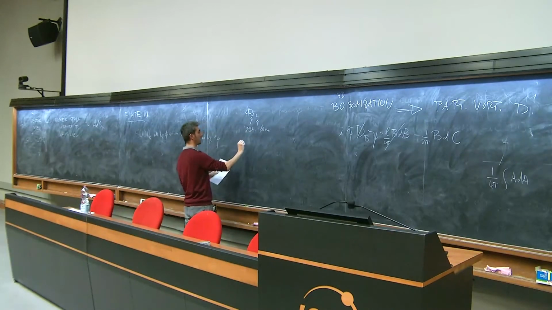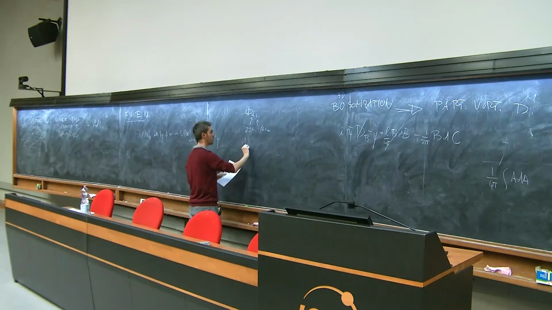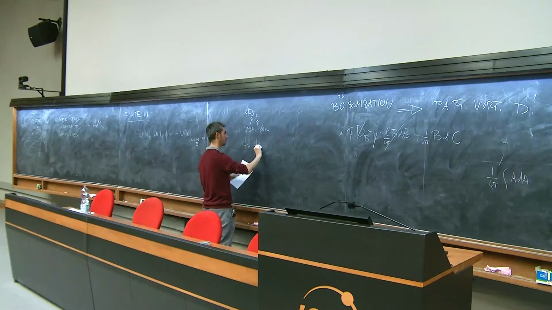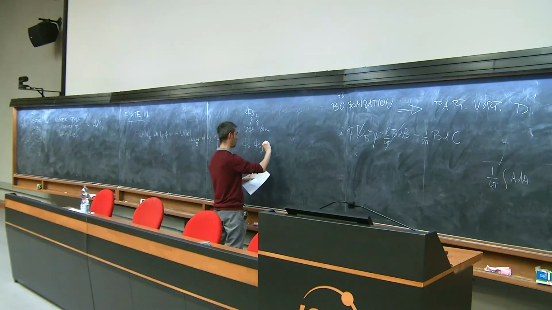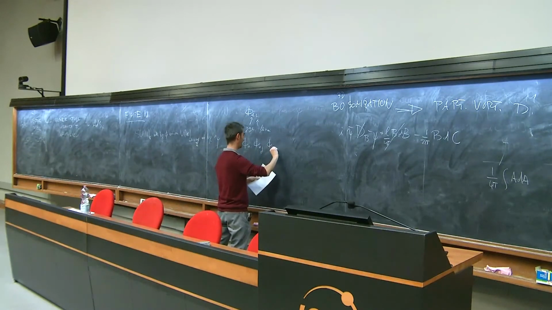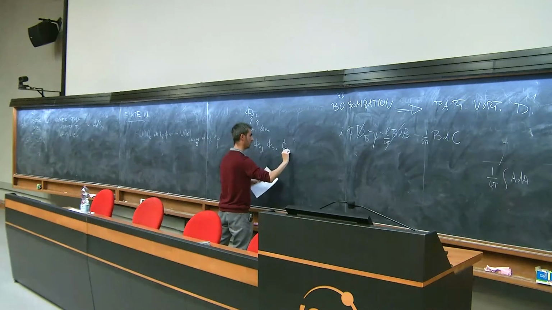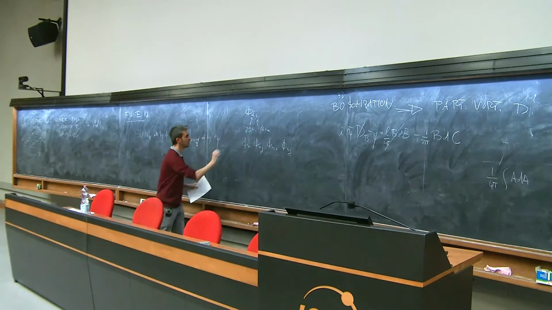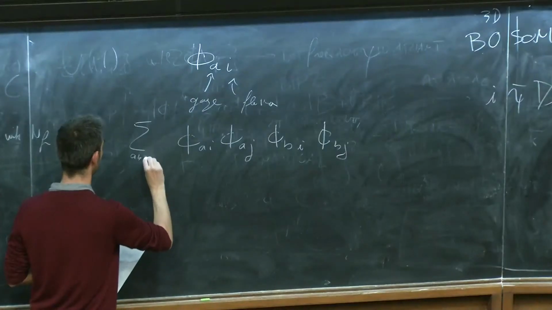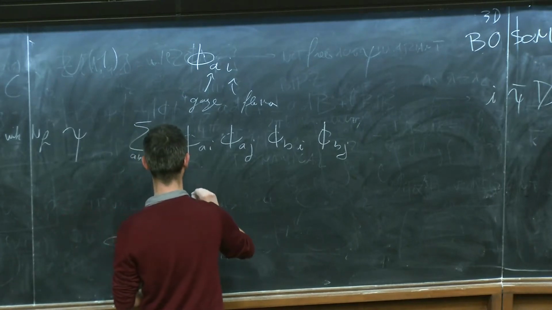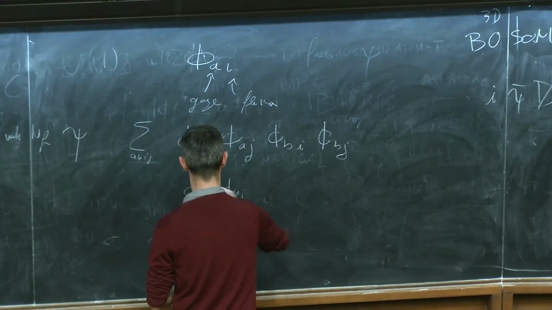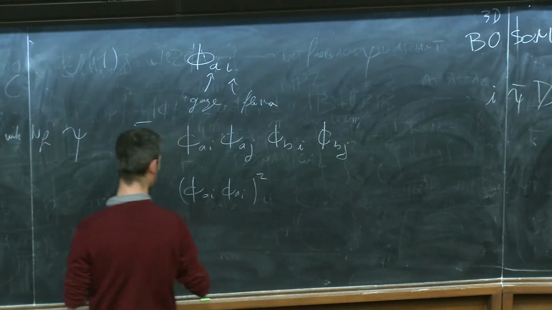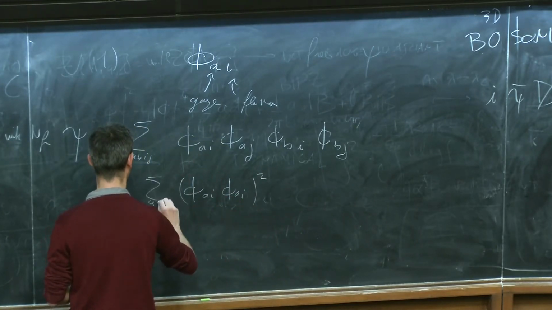There is a single trace interaction that you can write, with indices I, J, and then B_I, B_J. And then there is a double trace interaction, which is A_I squared.